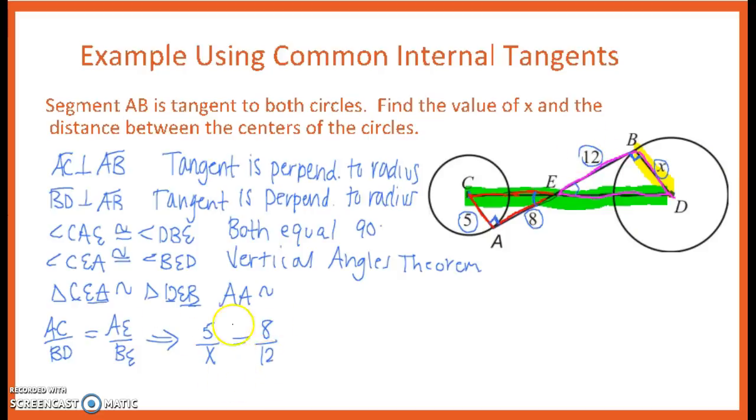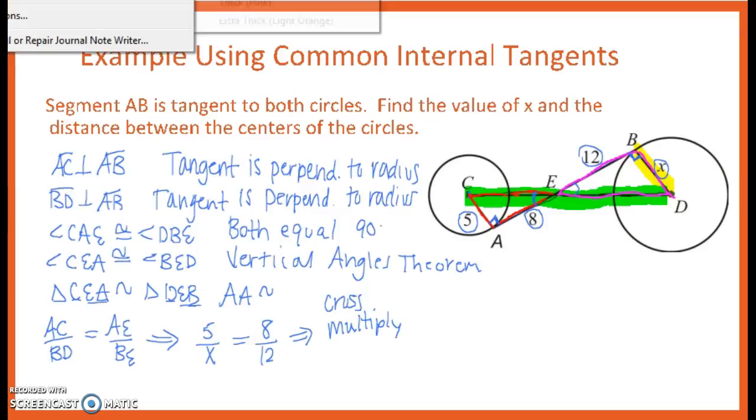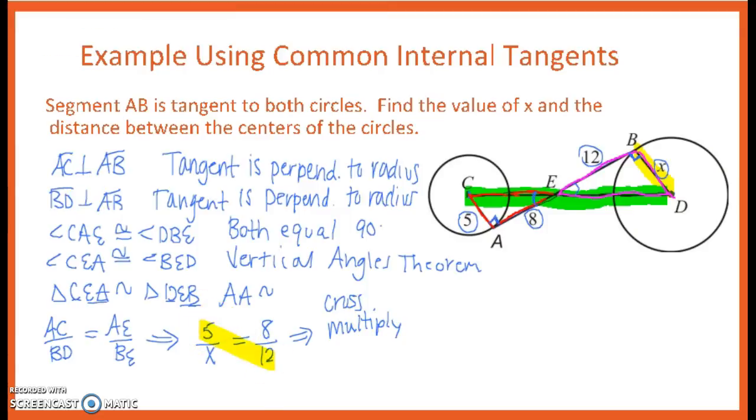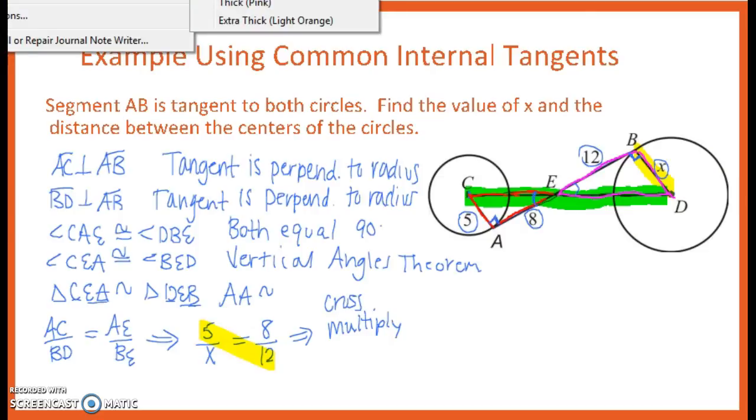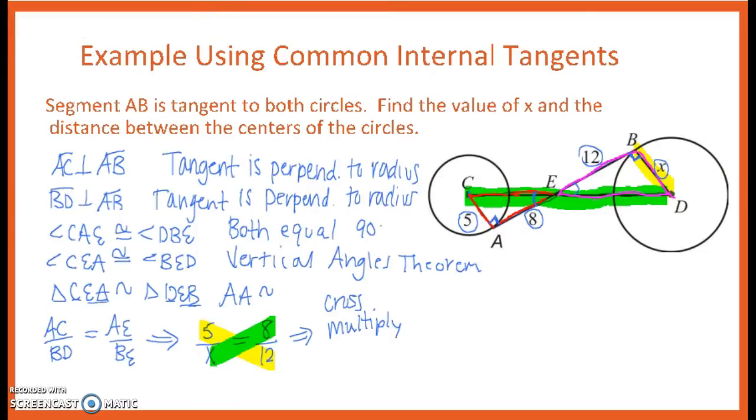And remember, when we solve any proportion, we cross multiply. So we go diagonally across the equal sign here. So I go 5 times 12 is equal to 8 times x. 5 times 12 is 60.